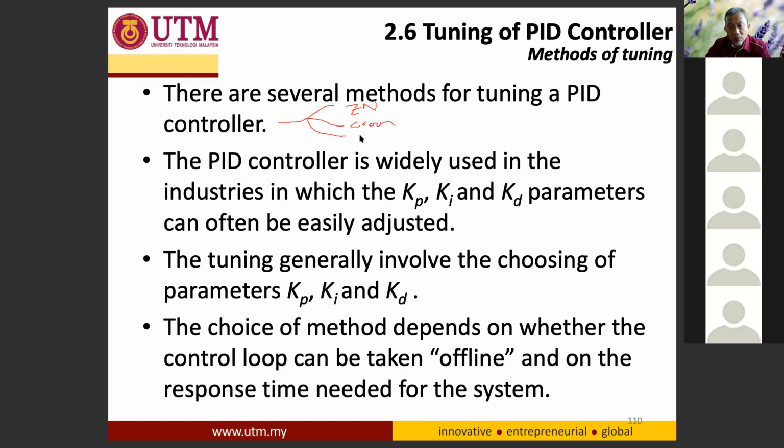Then you have the CHR method, and a lot of other names, which you can Google on your laptop or computer. The PID controller is widely used in industries, in which the KP, KI, and KD parameters can often be easily adjusted.